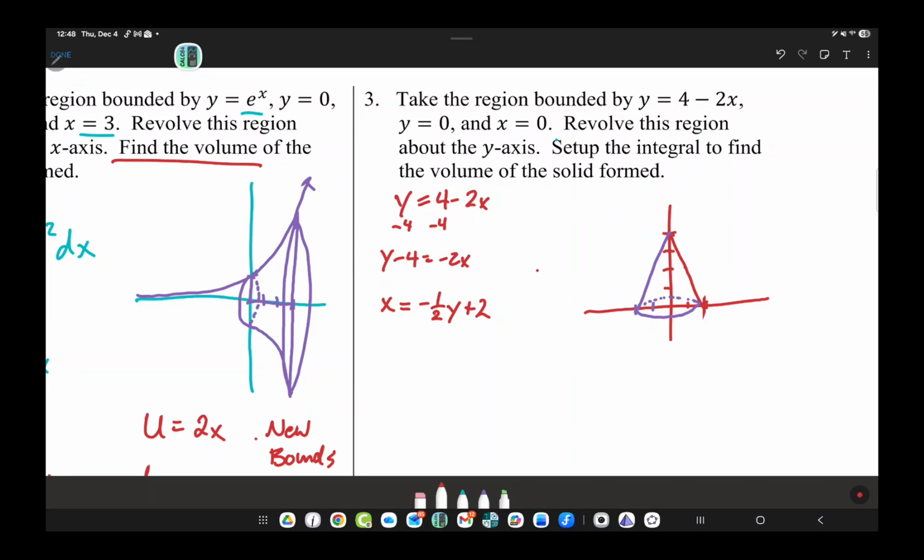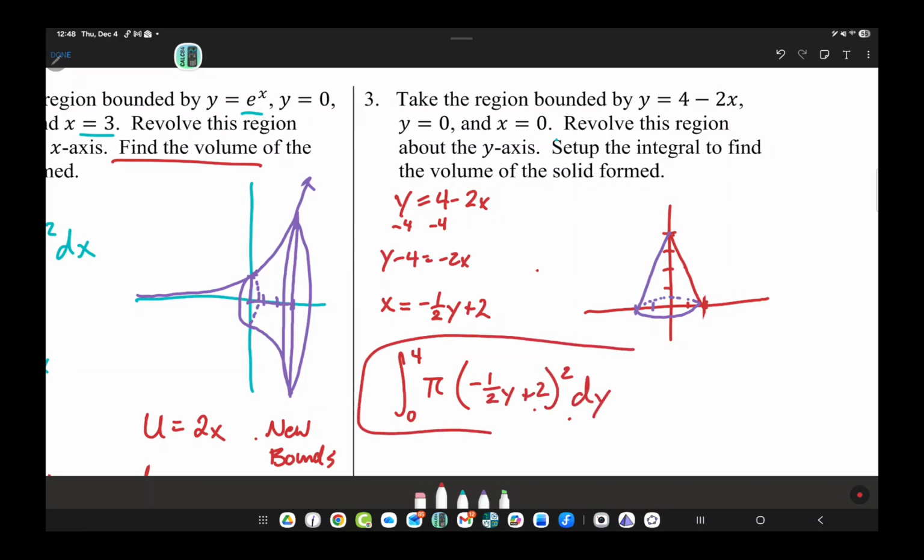Now, this one did not give me my specific bounds for y, but if I look at the graph, I can see what they are. They are what? 0 and 4. Pi times the integral of negative 1/2 y plus 2 squared dy. That's all they wanted.